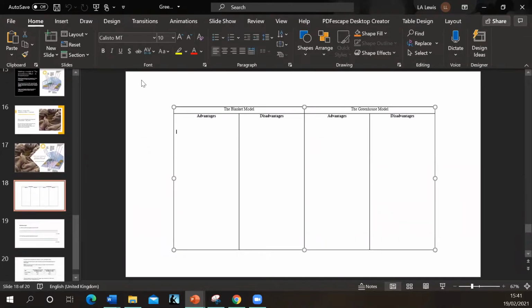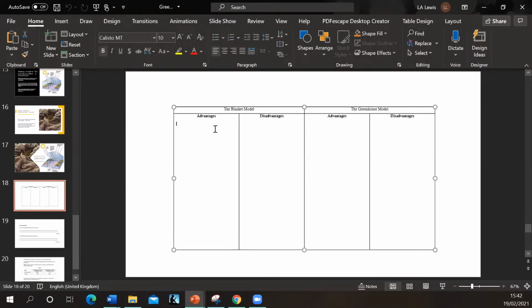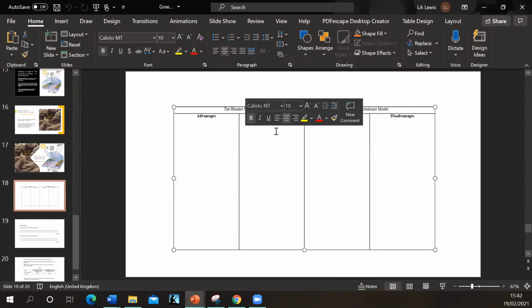So let's start off with the blanket model and an advantage of why it is like the atmosphere. When you wrap yourself in a blanket, it's your own heat that's getting trapped. Is that like or unlike the atmosphere? The Earth doesn't radiate its own heat, does it? It reflects it. So you can write that down.